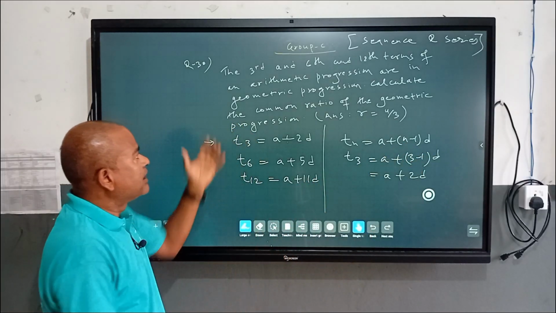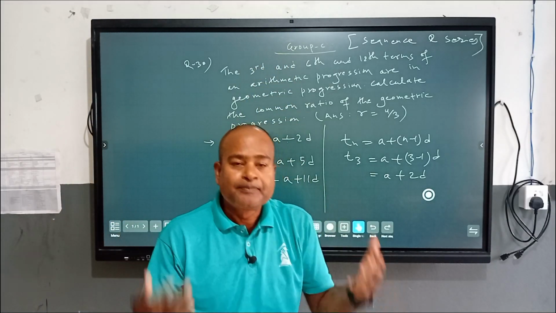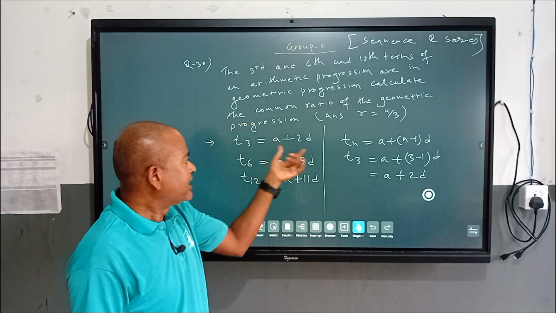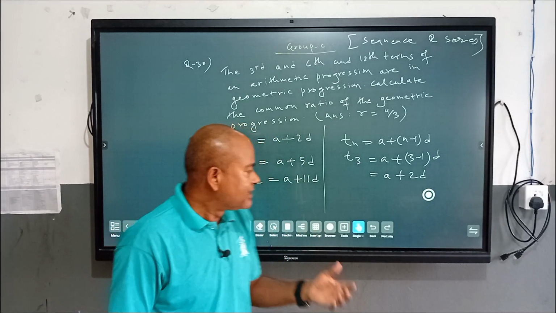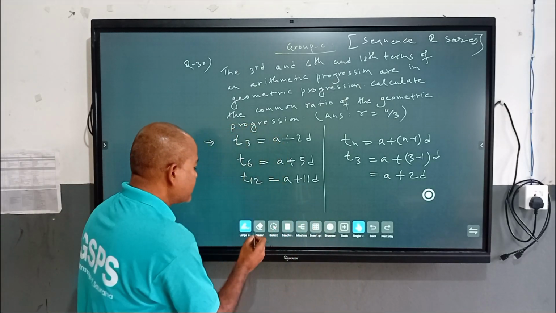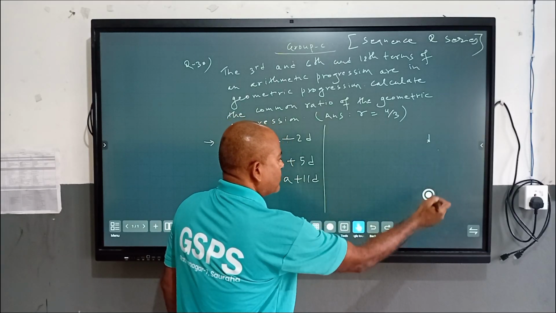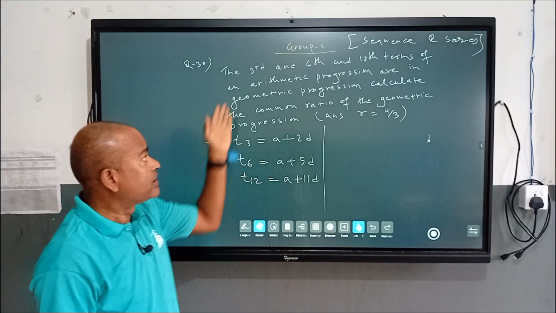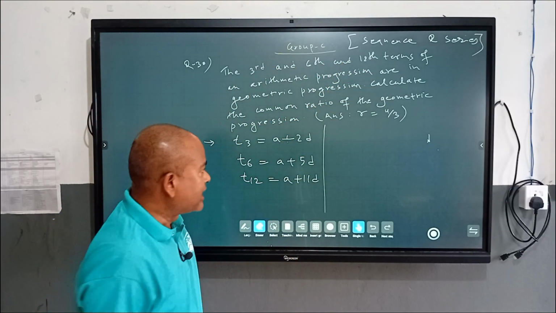So dear students, according to the question, we are given three terms of an arithmetic progression: T3, T6 and T12. T3 we can write as a plus 2d, T6 as a plus 5d, and T12 as a plus 11d. Now according to the question, the three terms T3, T6 and T12 of an arithmetic progression are in geometric progression as well.